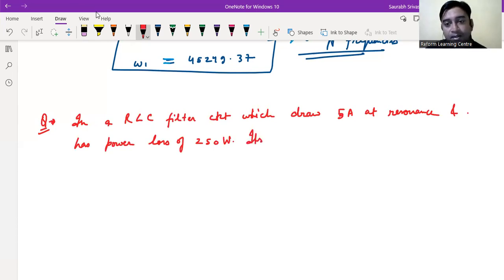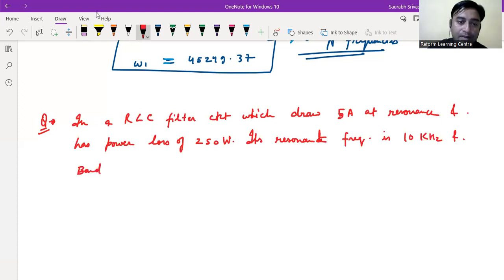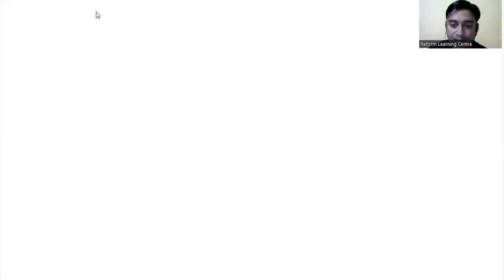Its resonant frequency is 10 kilohertz and bandwidth is 1 kilohertz.